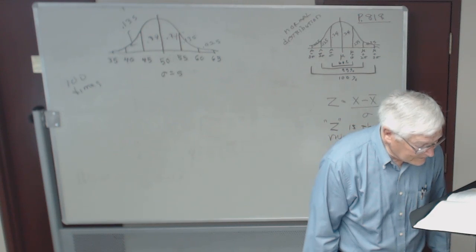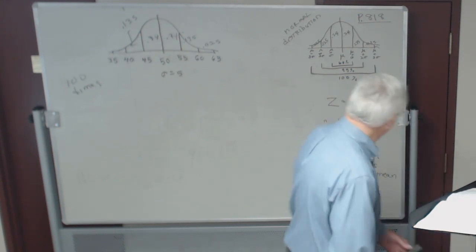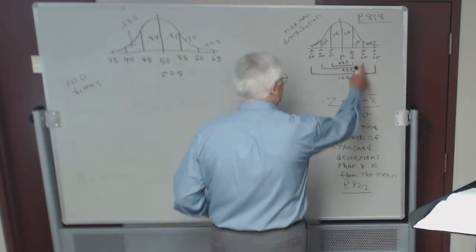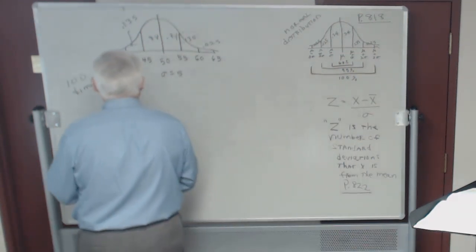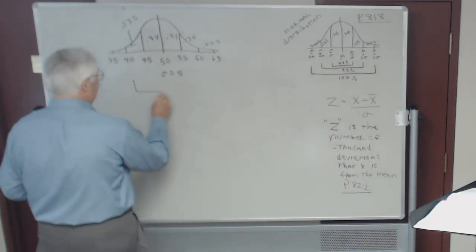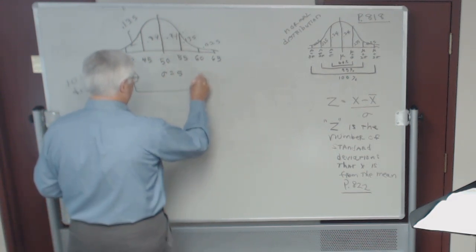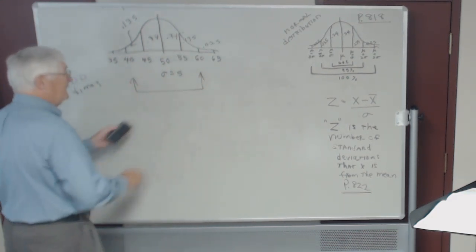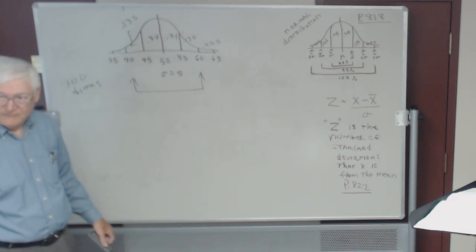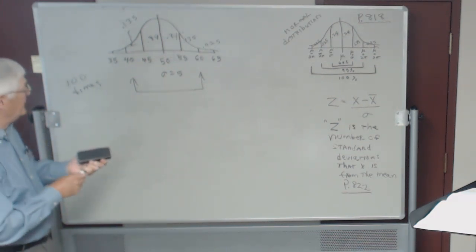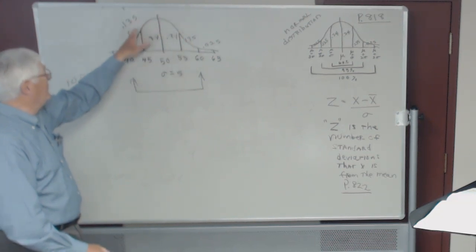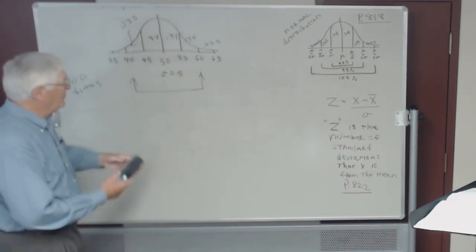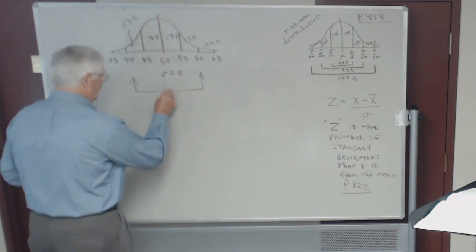Within what limits would you expect the number of heads to be 95% of the time? See that chart from page 818? 95% of the time, it's going to be between here and here. You see what that chart tells me? Because 0.34 and 0.34 and 0.135 and 0.135 add up to 0.95.